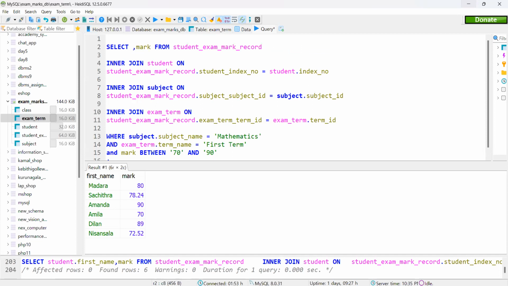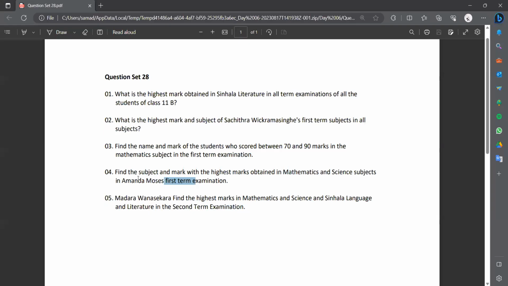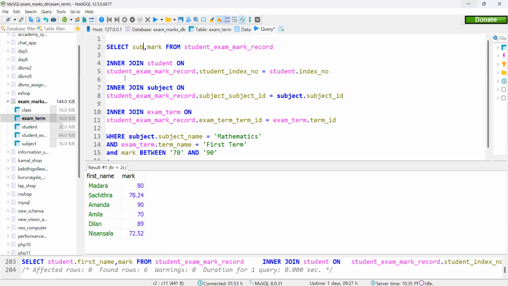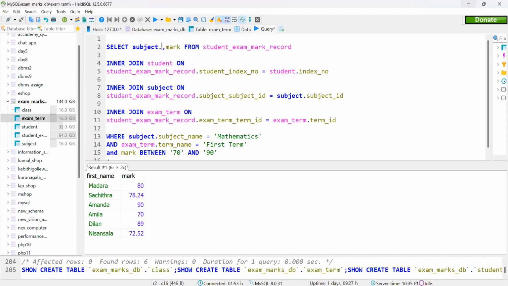We need mark. They are asking about subject and mark: subject name, and student.